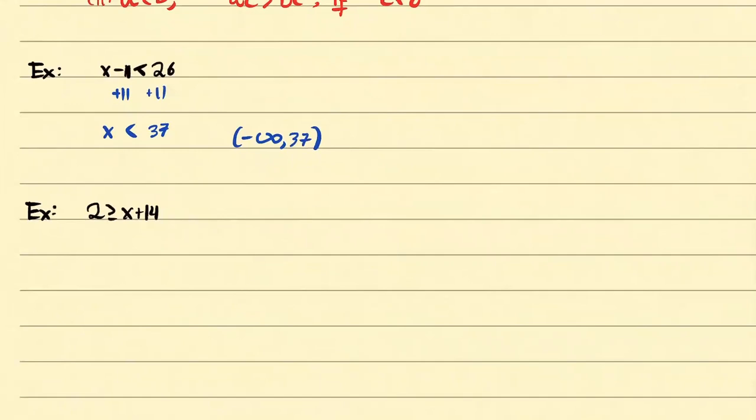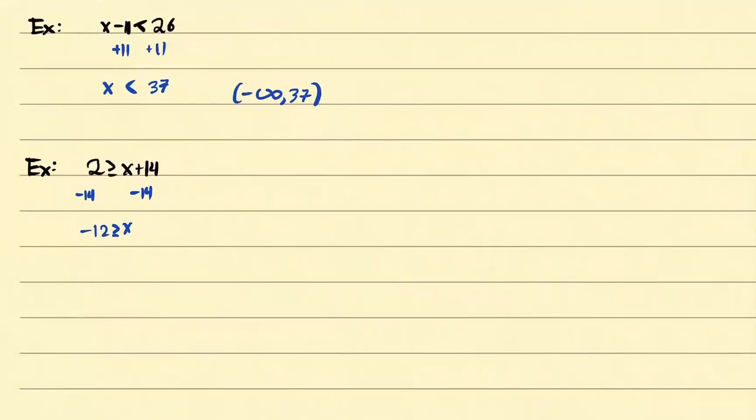So let's isolate x again. What I'm going to do is subtract 14 from both sides to get negative 12 is greater than or equal to x. And the easy way to rewrite this, I think, is if you were to just reverse everything, this is the same thing as that.